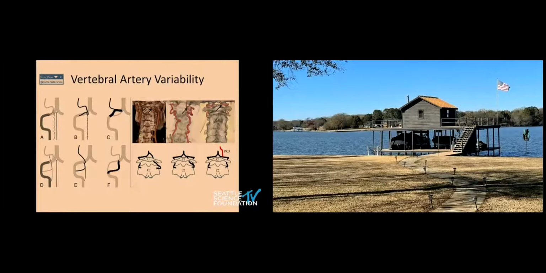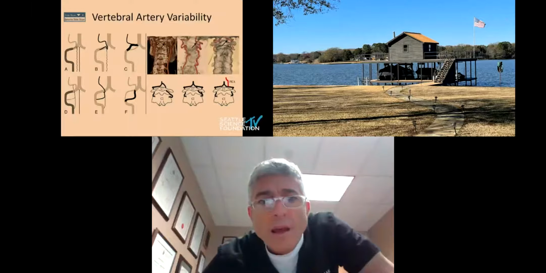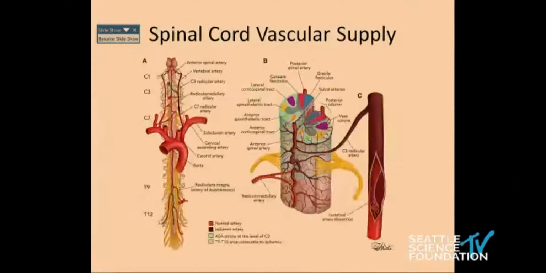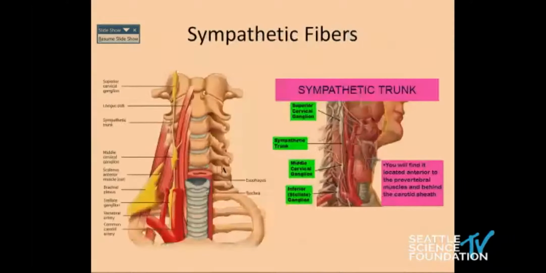It's important to check a CTA to observe any vertebral artery variability that could alter your approach or surgical decision-making. Regarding the spinal cord vascular supply, it's important to choose your sides to avoid the right or left recurrent laryngeal nerve. And obviously the sympathetic fibers are good to avoid.